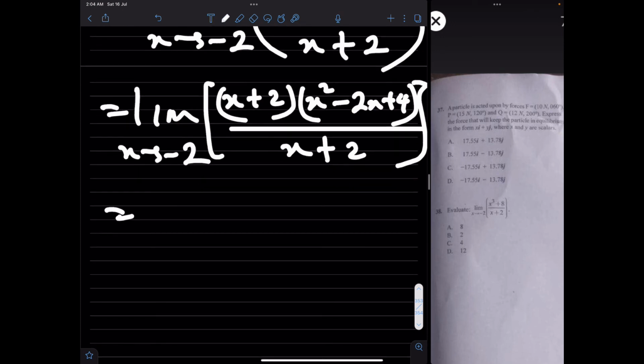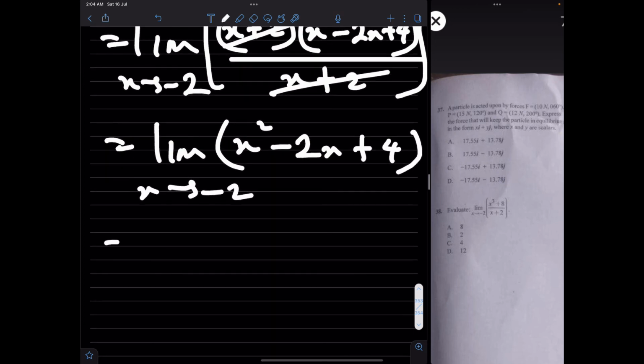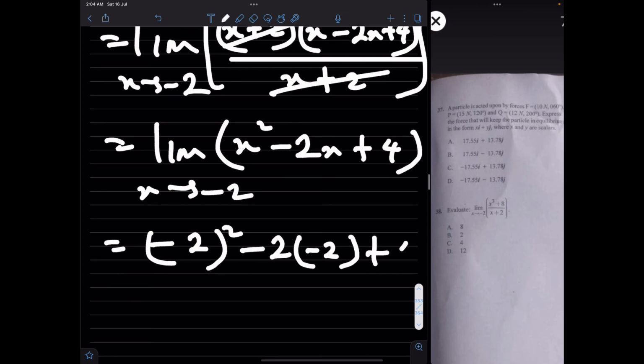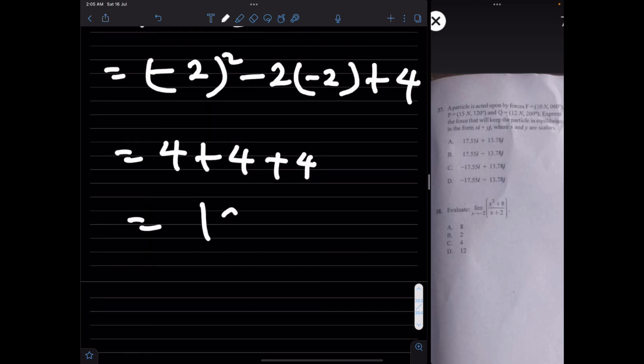That is equal to x plus 2 cancels x plus 2, and that means the limit of x squared minus 2x plus 4 as x tends to minus 2, which is equal to minus 2 squared minus 2 times minus 2 plus 4, which simply means 4 plus 4 plus 4, and that's 12. Yeah, that's 12. The next one is number 39.